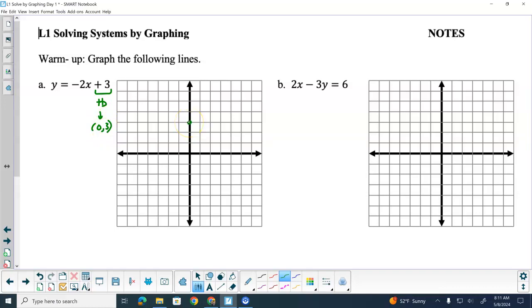Latcha, what are we going to do next? Down 2 and right 1, y. What's negative 2? This part right here? What part is that? There's a word for it. There's also a letter for it. It is not x, no. It is the slope, okay?